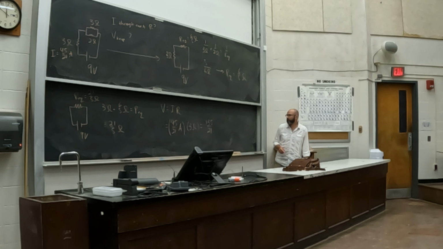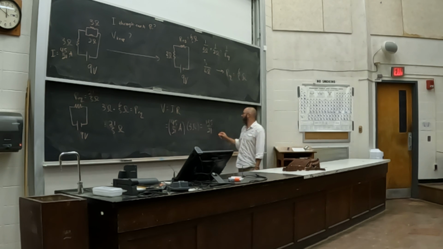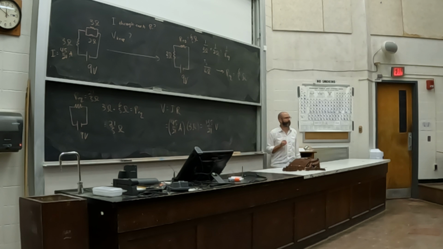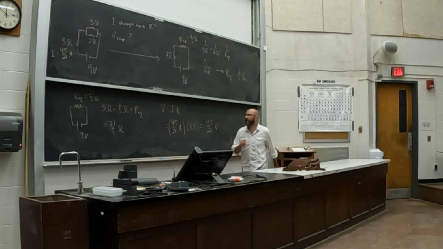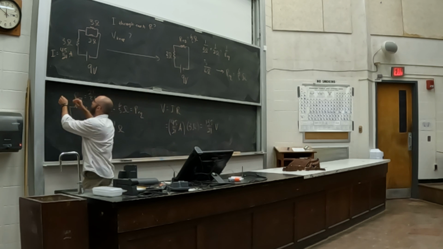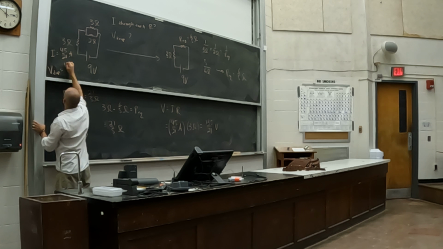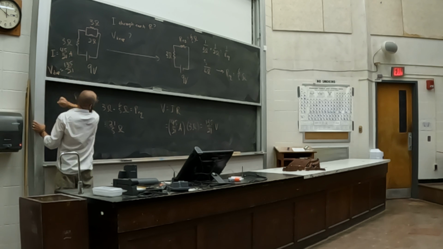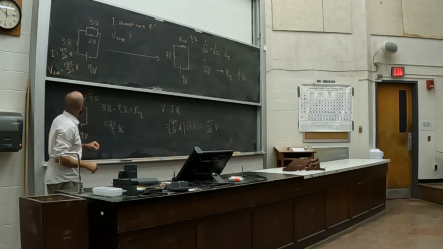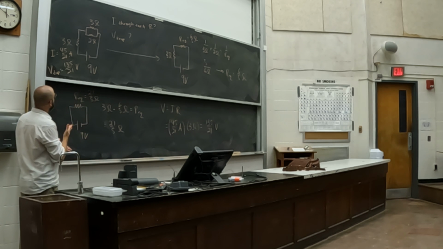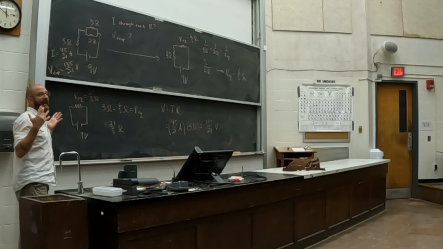No big deal. 135 over 21 volts. So that's my V drop across this resistance. If somebody wants to pull out a calculator and tell me what that is, that would be fine with me. Your fellows might like it for it.